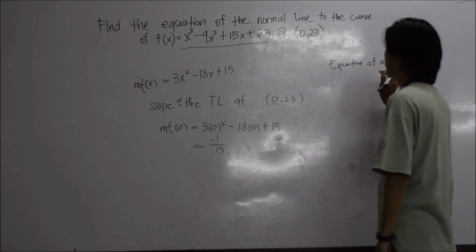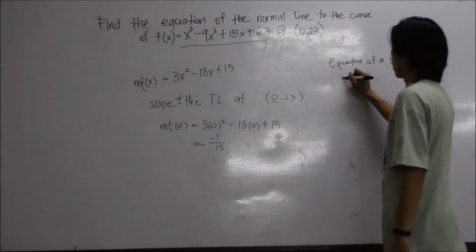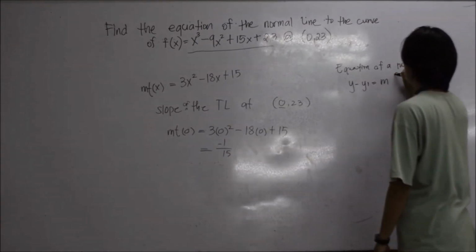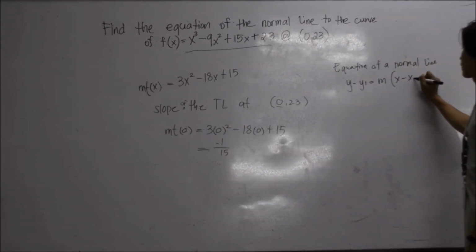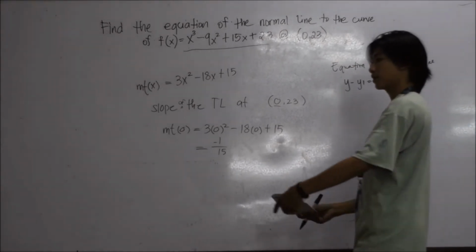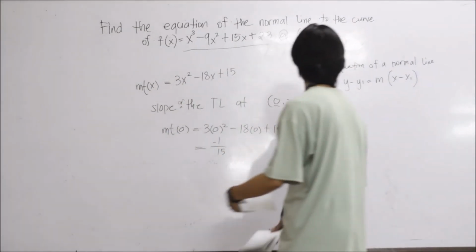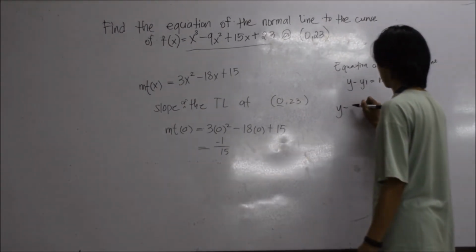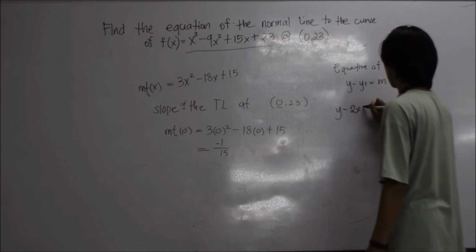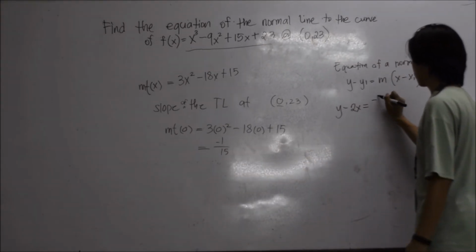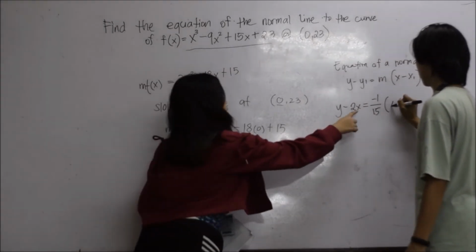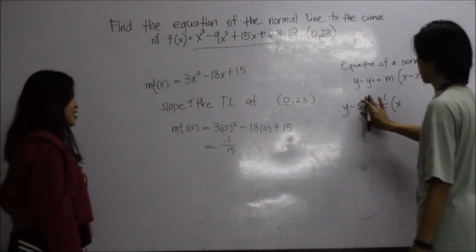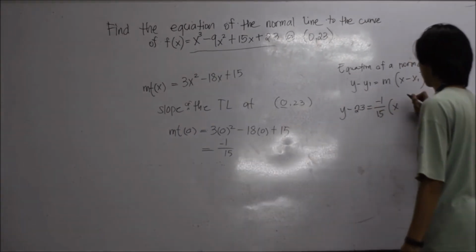The formula of the equation of a normal line is y minus y sub 1 equals m times x minus x sub 1, where the normal slope is negative 1 over 15. So y minus 23 equals negative 1 over 15 times x minus 0.